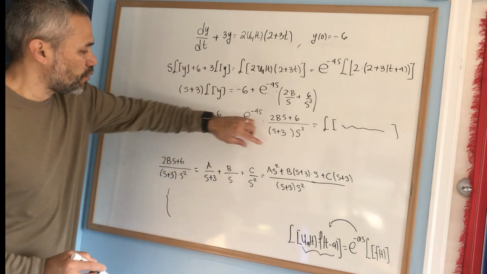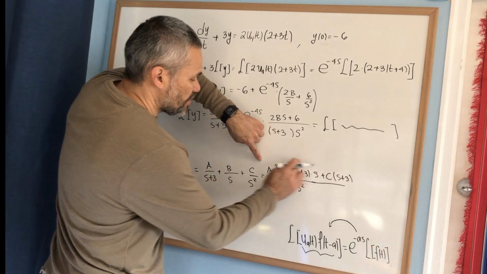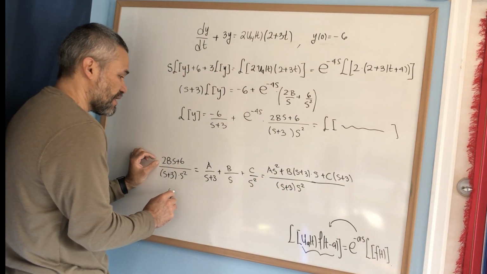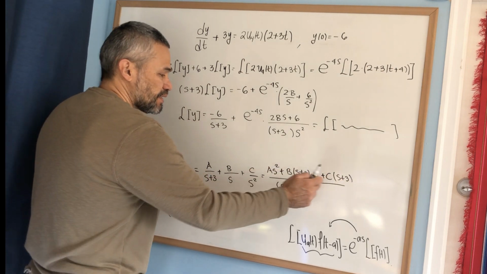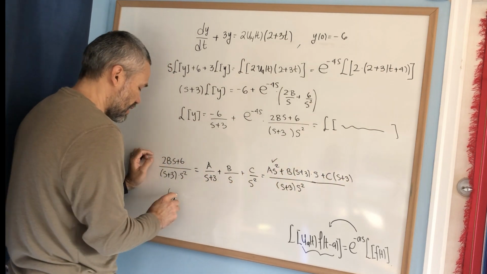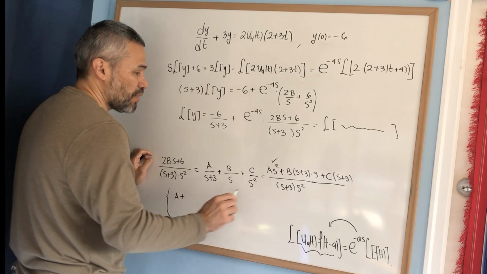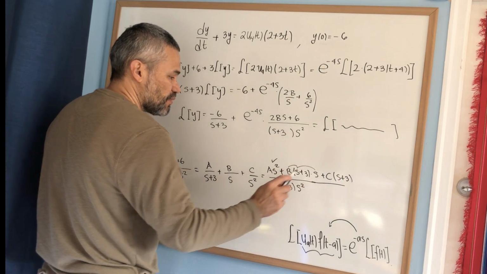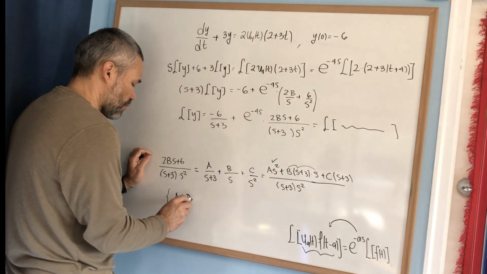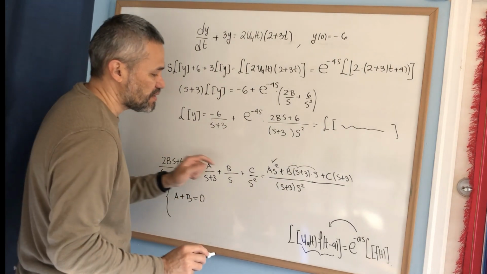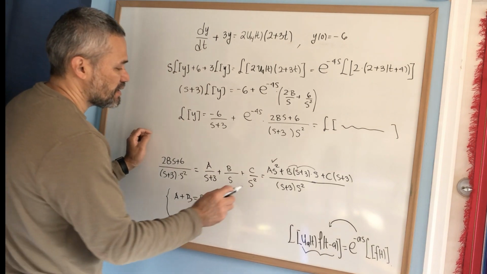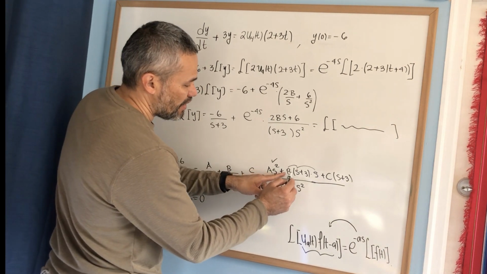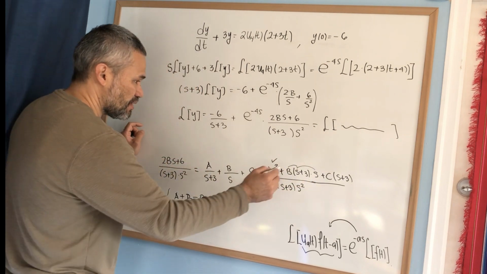Then we compare this numerator with this numerator and we set up the equations. What is the coefficient of s squared on the right? Here we have this one, a, plus, and here we have, when we multiply this, we get plus b. We want that to be equal to 0. And what is the coefficient of s on the right? We will have a 3b here because of this.